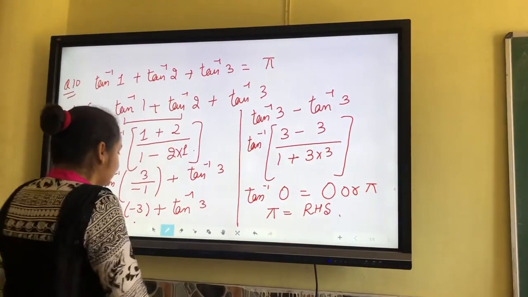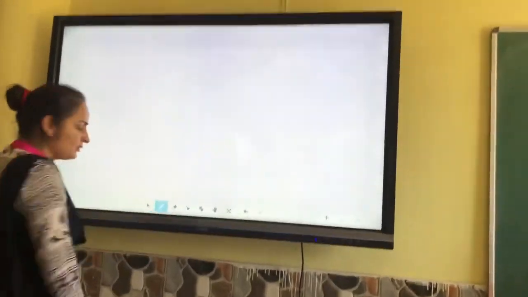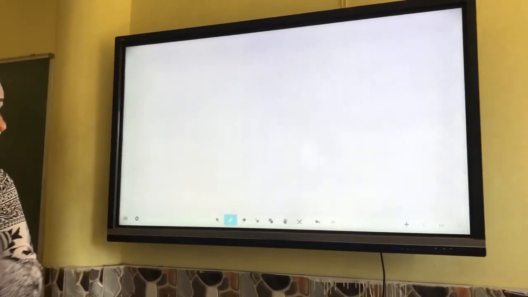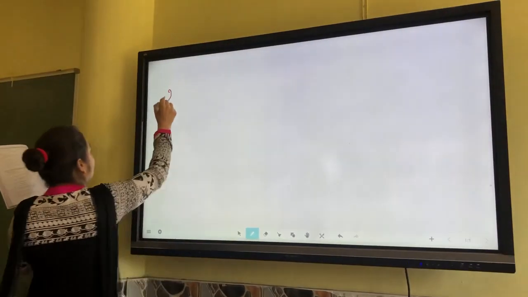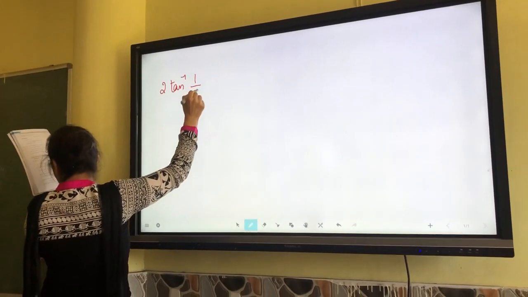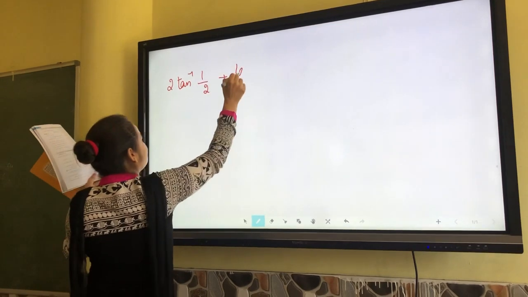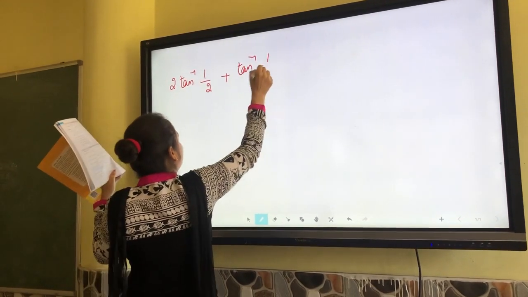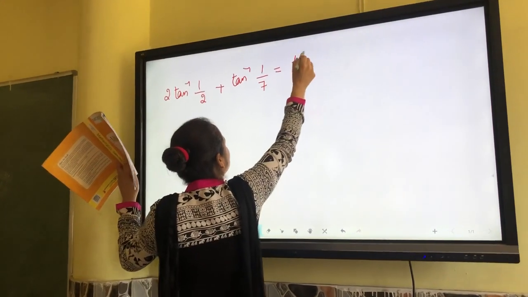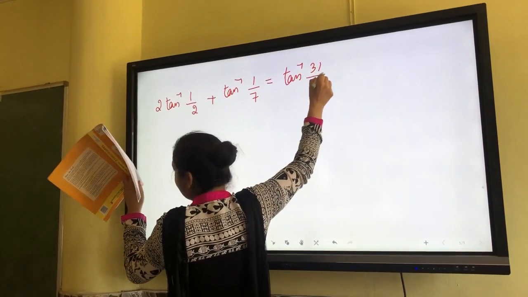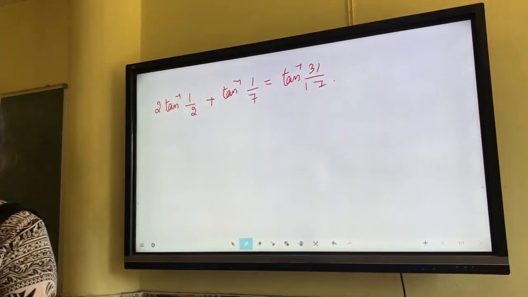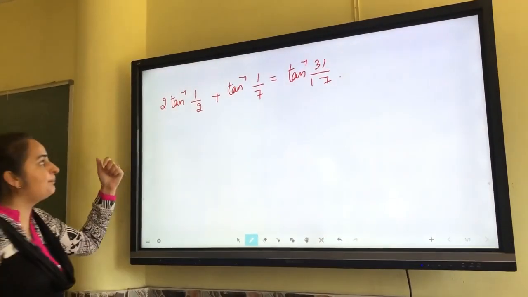Now, let's evaluate one more question, that is 2 tangent inverse 1 upon 2 plus tangent inverse 1 upon 7 is equal to tangent inverse 31 upon 17. Now, what's the difference between this question and the previous one?